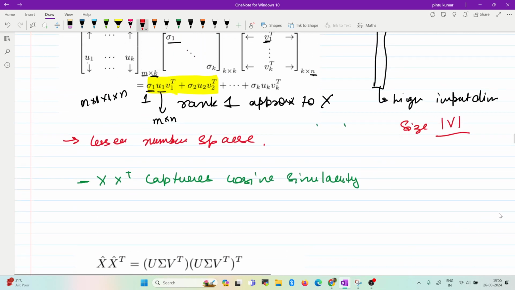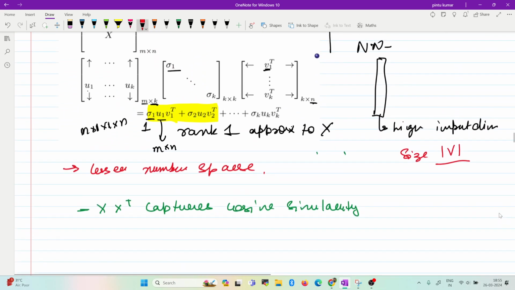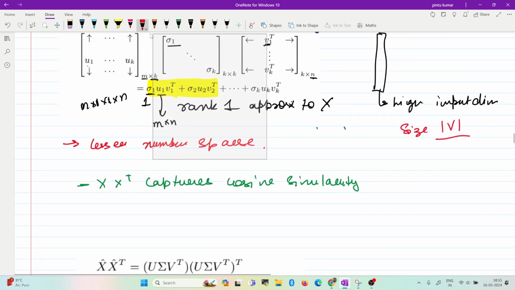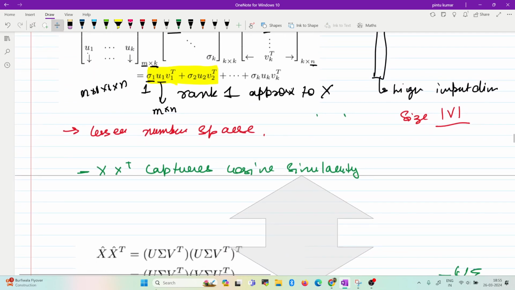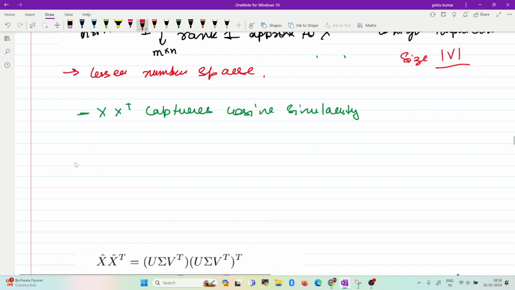So one thing is, if you look at your X transpose, let's say this is your X, and this is your X transpose.